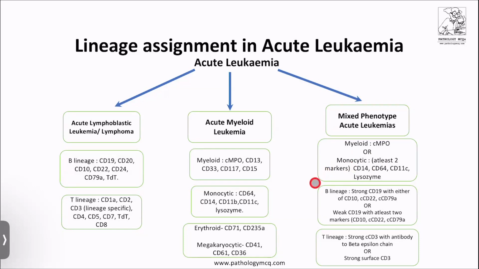Similarly, when do we assign a lineage as B lineage? When we see a strong expression of CD19 with either CD10, cytoplasmic CD22, or cytoplasmic CD79 alpha. So if there is weak expression of CD19 in a case of acute leukemia where we are seeing myeloid blasts showing dim CD19, do we call it a mixed phenotypic leukemia?